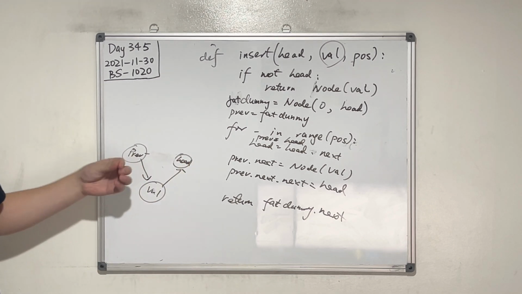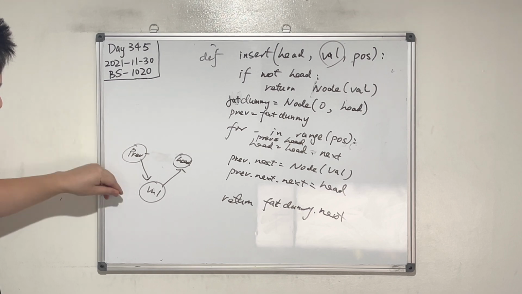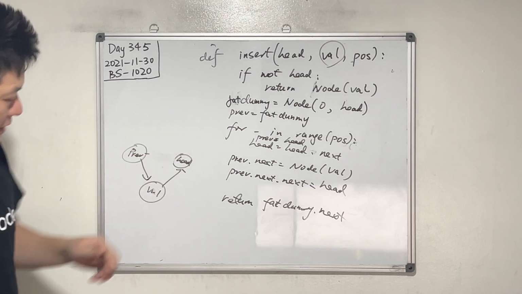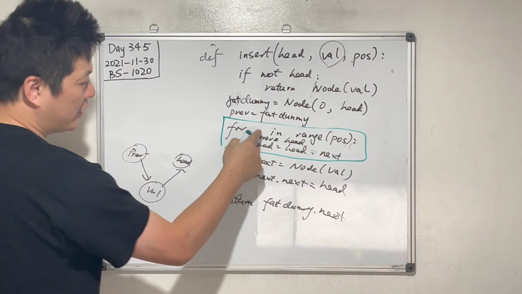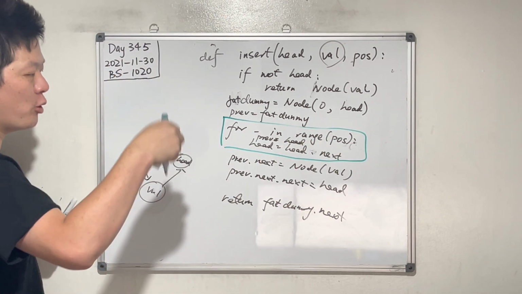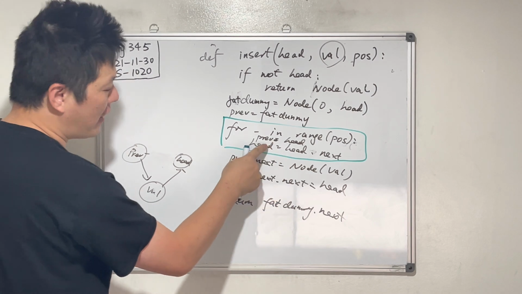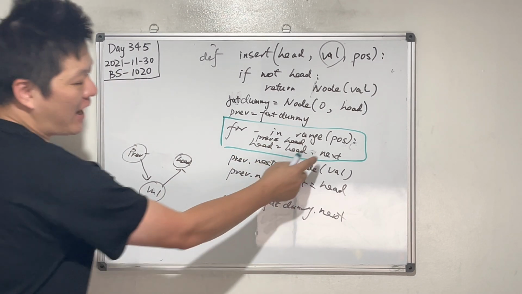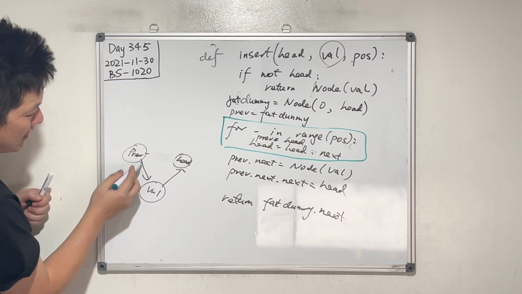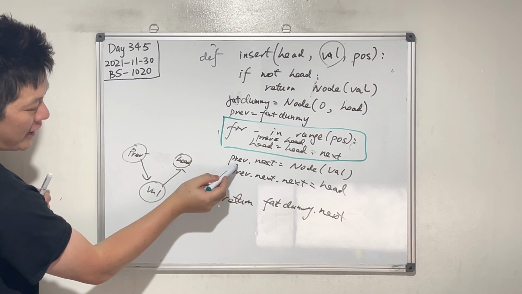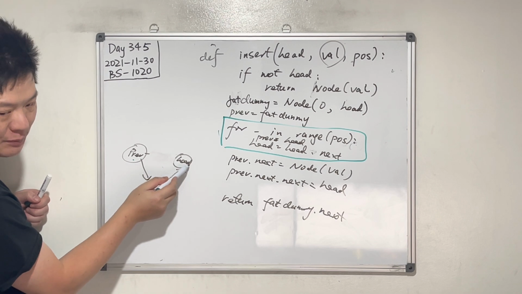So to repeat, we are finding the places, which is this bit. We walk position times, and every time before we walk to the next, we remember its previous equals head. So when this loop ends, the previous is one node before the head.